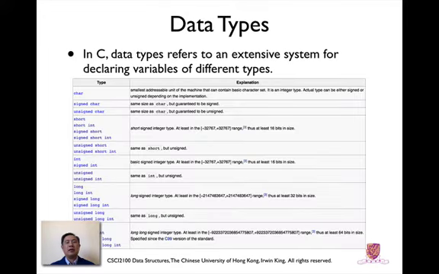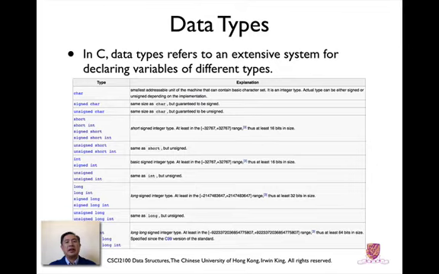In C, let's look at what the basic data types are before we talk about what an abstract data type is.